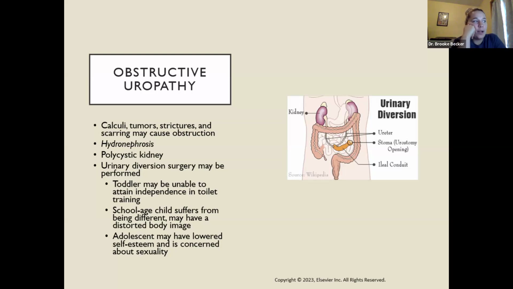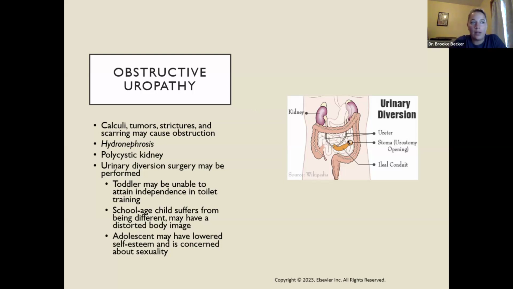Sometimes during surgery, they have to do a diversion. So that means they create a stoma, like you do with a colostomy bag, right? So you create a new opening externally.